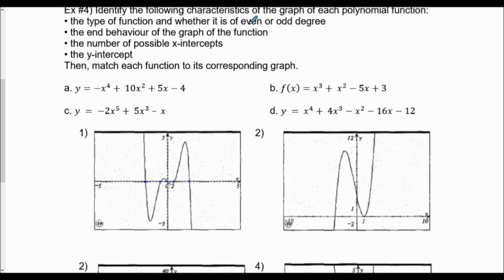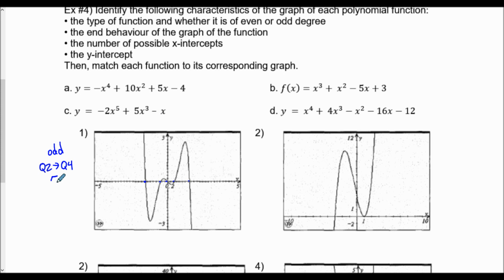But what we can identify is whether its degree is going to be even or odd. And this one, because it starts up and it ends down, it's starting and ending on opposite sides of the x-axis. It's an odd degree. The end behavior is starting up in quadrant 2 and it's ending in quadrant 4.